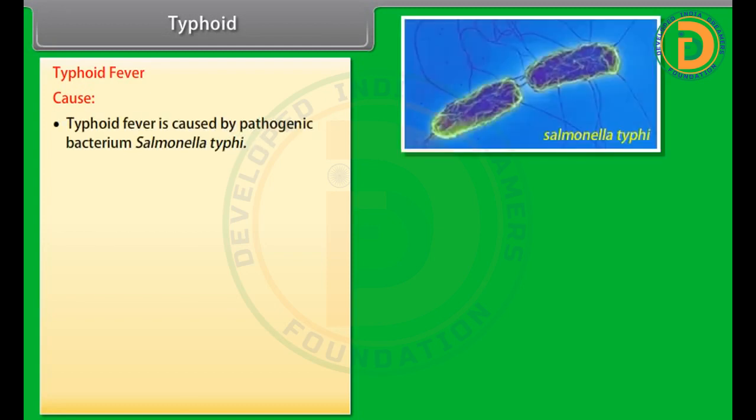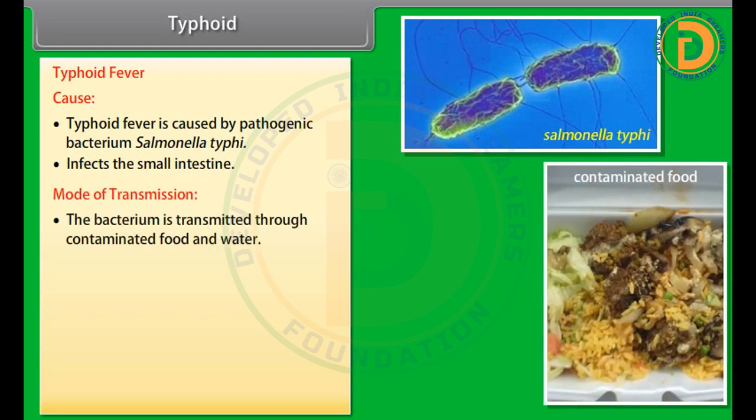Typhoid fever. Cause. Typhoid fever is caused by the pathogenic bacterium Salmonella typhi. It infects the small intestine. Mode of transmission. The bacterium is transmitted through contaminated food and water.